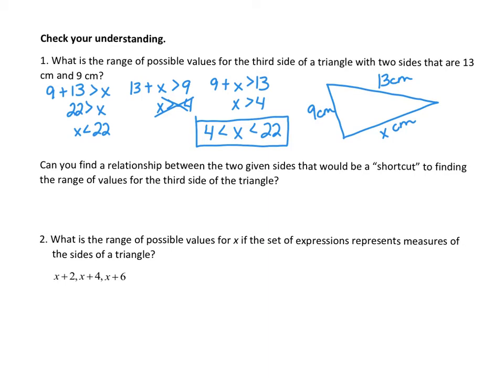Okay, so here's your shortcut. If you look at 13 and 9, if you subtract them, so 13 minus 9, that's equal to 4. There's your lower boundary. And then if you take 13 and 9 and add them, so 13 plus 9 equals 22, there's your upper boundary.